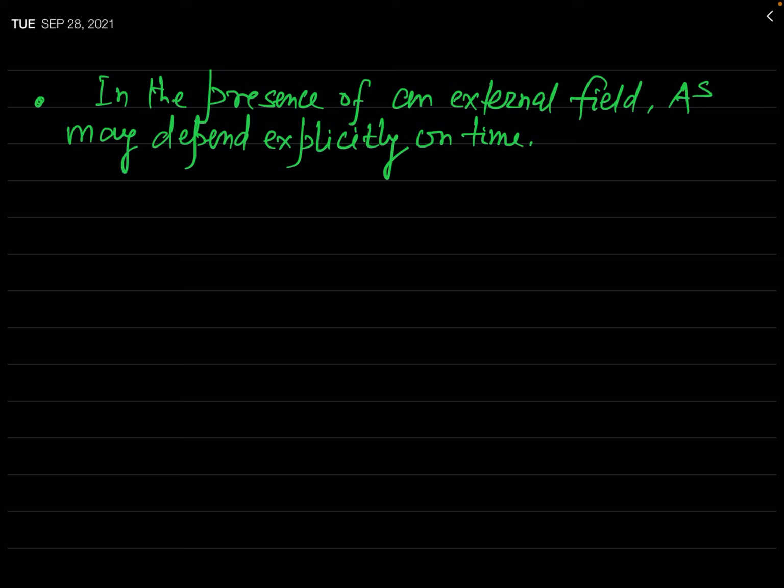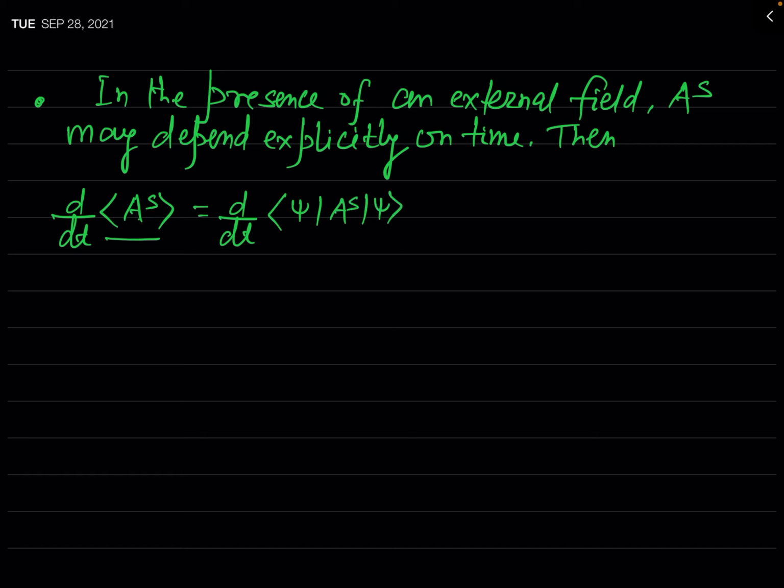So when AS is an explicit function of time, what will be our result when we calculate the derivative d dt of the expectation value of AS? As you have already defined earlier, this is actually Bra-Psi AS Ket psi.